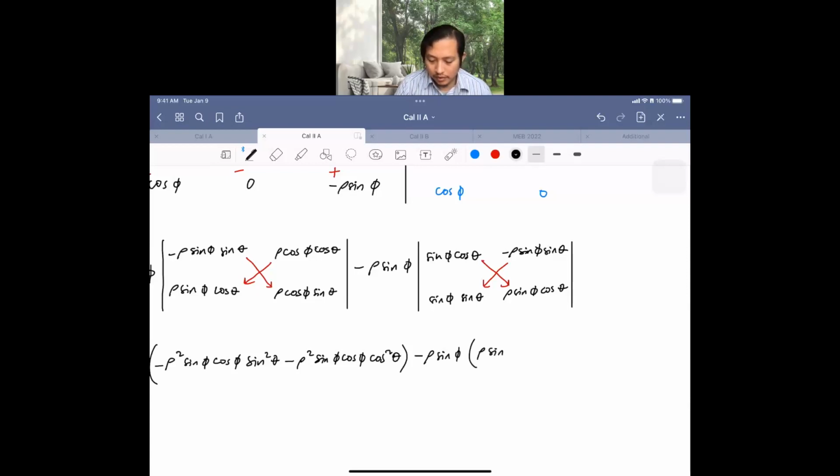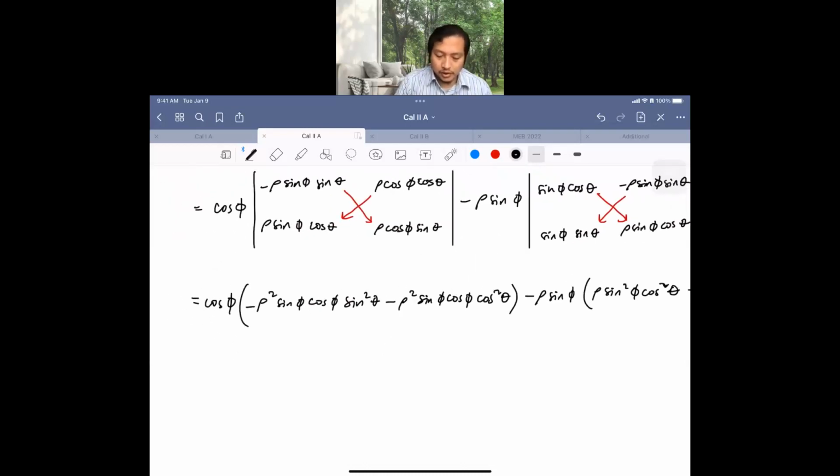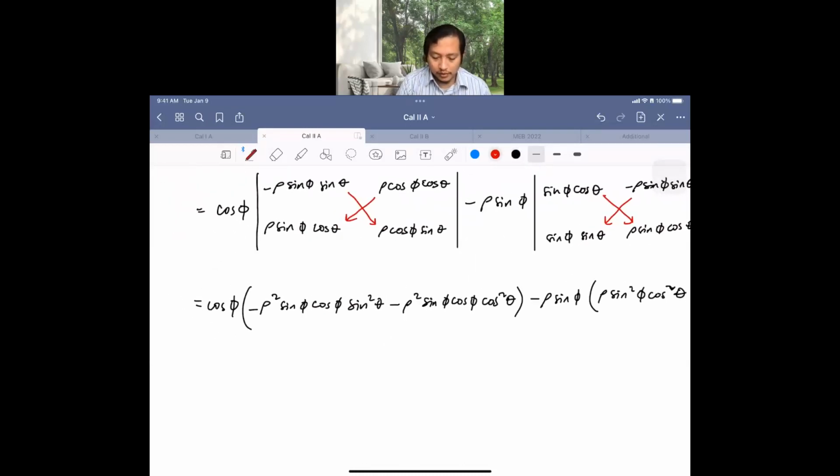And this one, rho sine squared phi cos squared theta, and minus minus, so it's plus rho sine squared phi sine squared theta. Now slowly but surely we have sine squared theta and cos squared theta, so we can group them, and sine squared plus cos squared becomes 1.